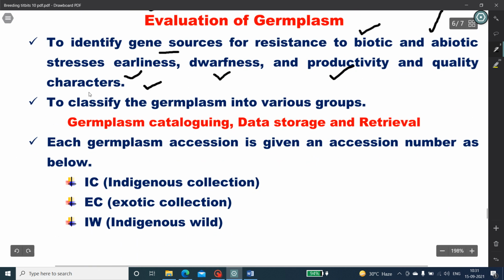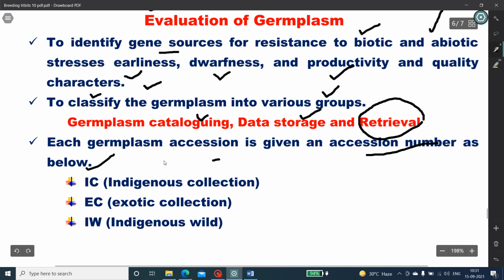It is also used to classify the germplasm into various groups. After evaluating, the germplasm has to be catalogued, a database has to be created, and then it should be retrieved. Each germplasm accession is given an accession number as given below.